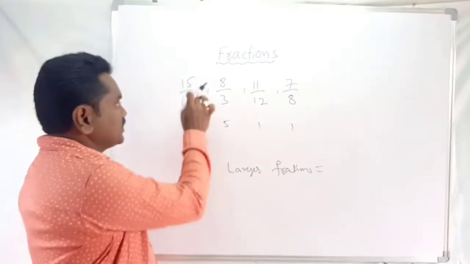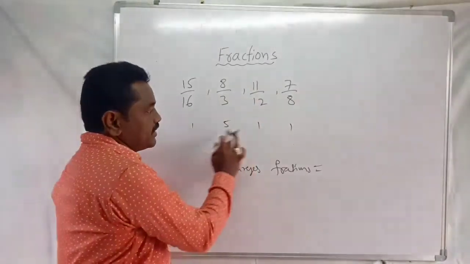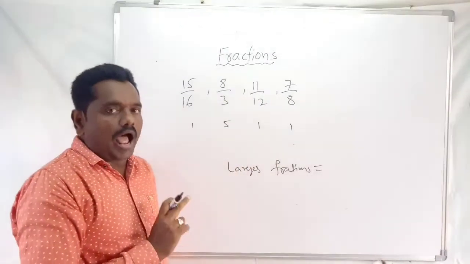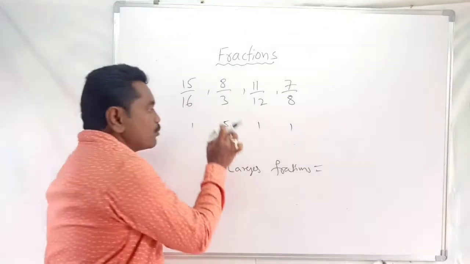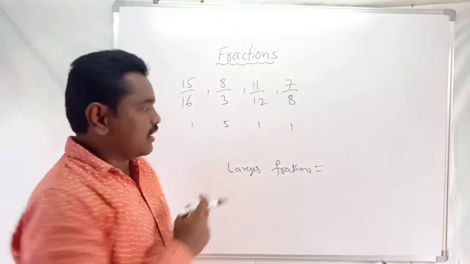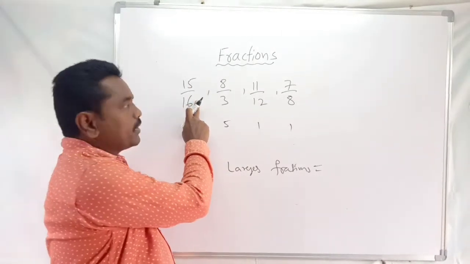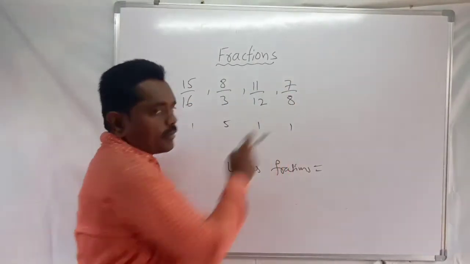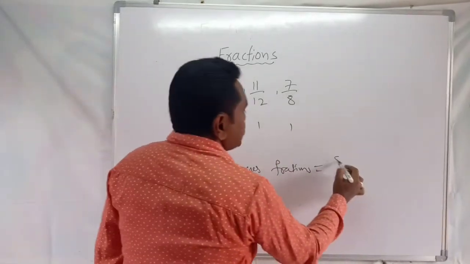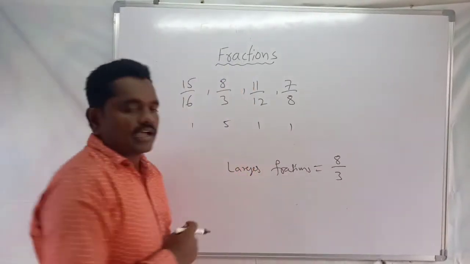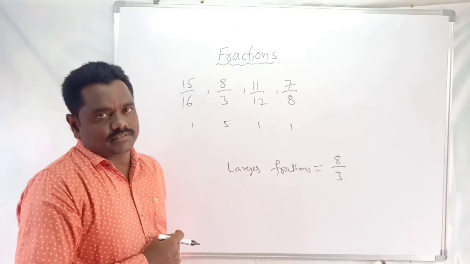Since the difference between numerator and denominator is not equal, the improper fraction is the largest. This one is proper, this one is proper, this one is proper. So in this case, 8 by 3 is the largest fraction.